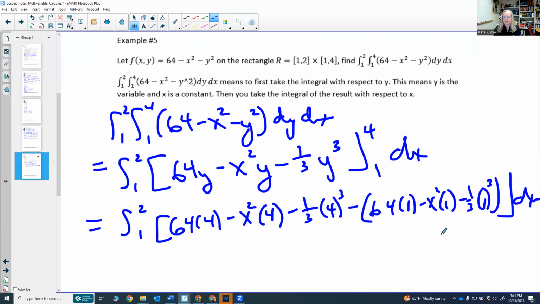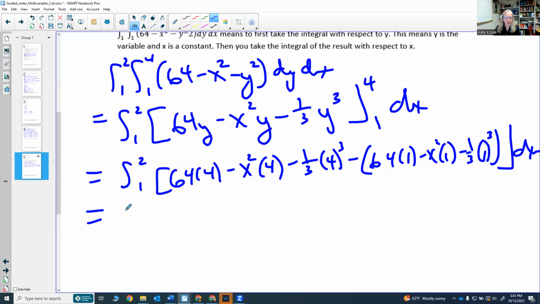We haven't done the dx yet, so it's still there. Simplifying this gives you the integral from 1 to 2 of 171 minus 3x squared dx.